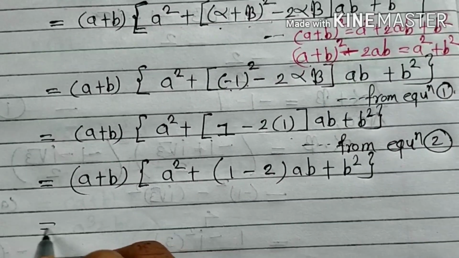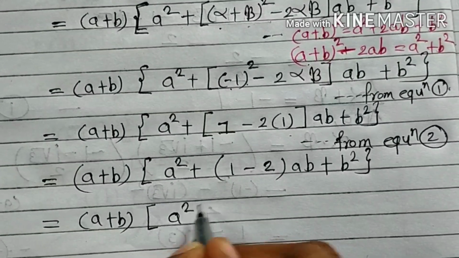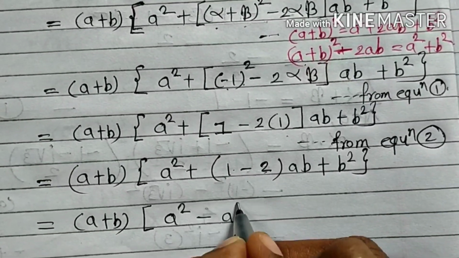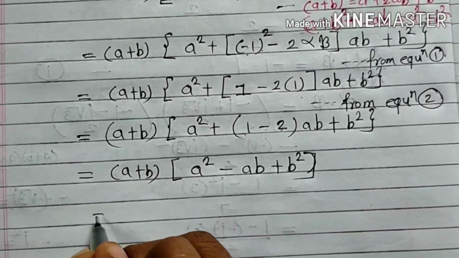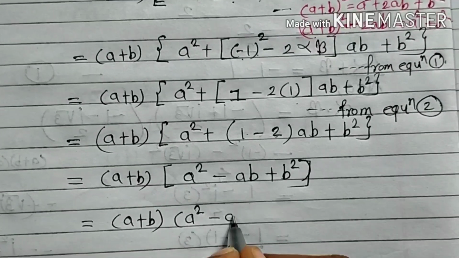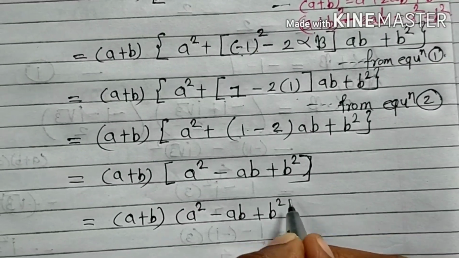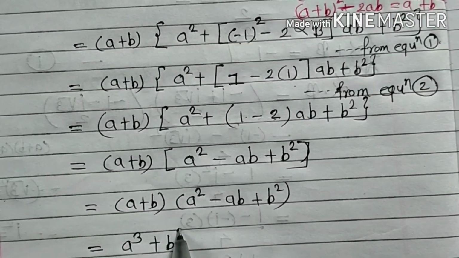So it is equal to a plus b, a square minus ab plus b square. So it is the formula. You can write here like that, a plus b, a square minus ab plus b square. What is that? This is the formula for a cube plus b cube.